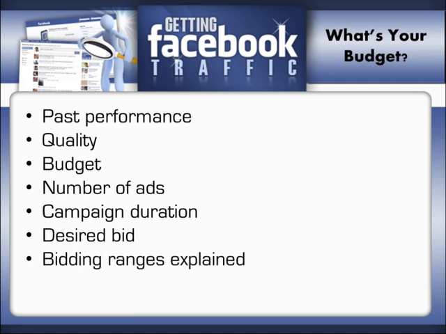Now we also have bid ranges. Winning bids are selected based not only on the bid amount, but also the quality of the ad and how well that ad has performed in the past, right? Facebook is going to give you suggested bid ranges to help you win the auctions and get a placement. The thing is that a lot of times those ranges are going to be a little bit higher than what it would really take to get in there, okay?